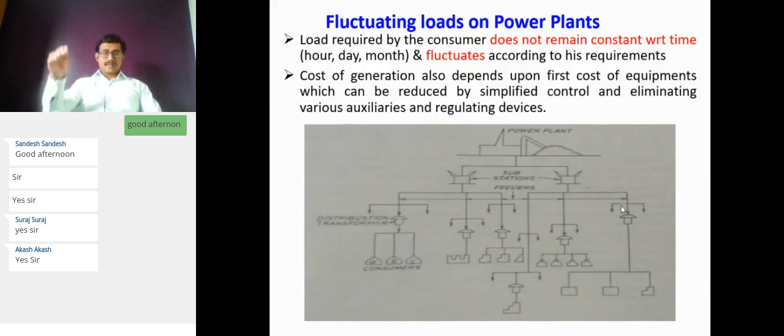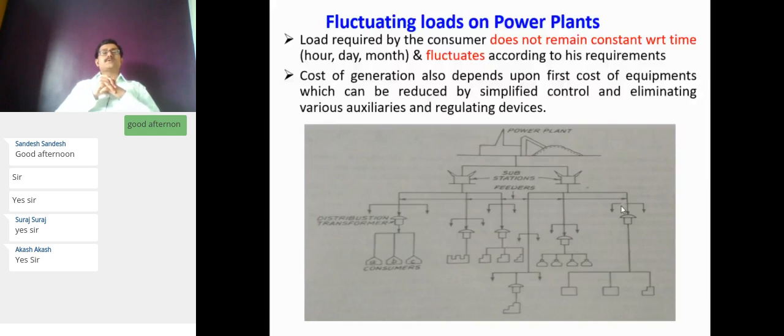You will definitely see a drop in the number of units consumed, isn't it? So that is one of the best examples to say that the load consumed by the consumer does not necessarily remain constant, and it fluctuates all the time depending upon his or her requirements, isn't it? So that is the meaning of line number 1, or paragraph 1.